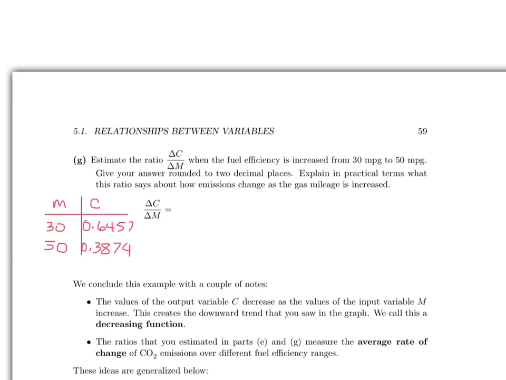When we perform these subtractions, we arrive at 0.0129, which, when we round to 2 decimal places, would give us negative 0.01 pounds per mile over 1 mile per gallon.